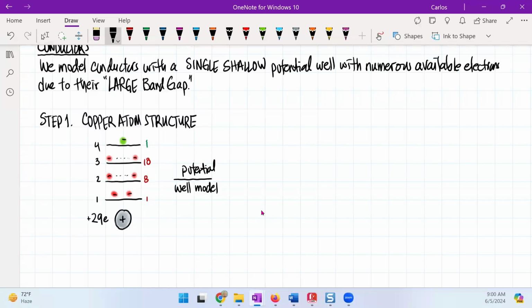And when I look at the potential well model, it looks like this here. So I'm going to model a box, but it's not really a box. So I imagine that I have something like this here. So my box, how am I going to draw this?